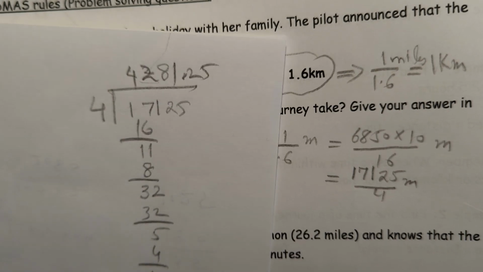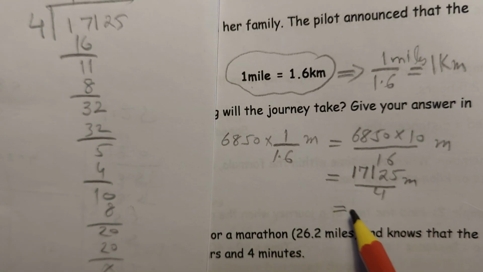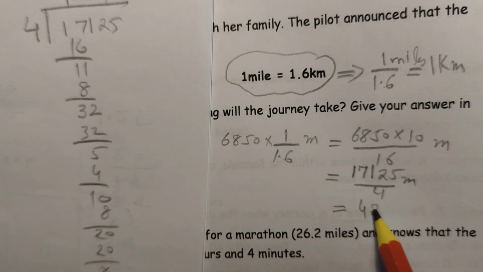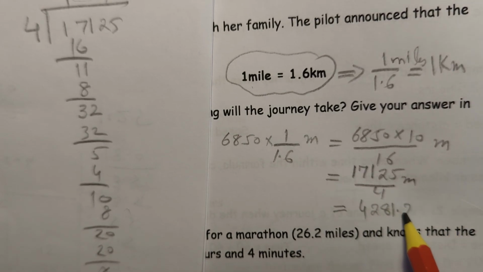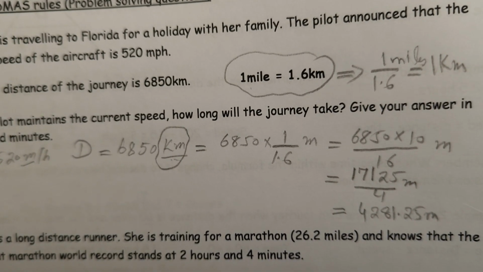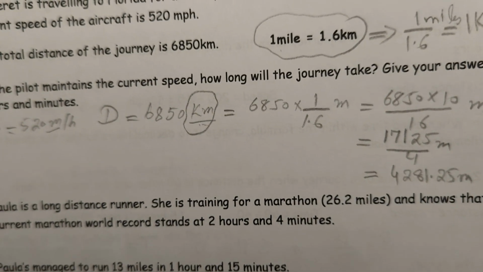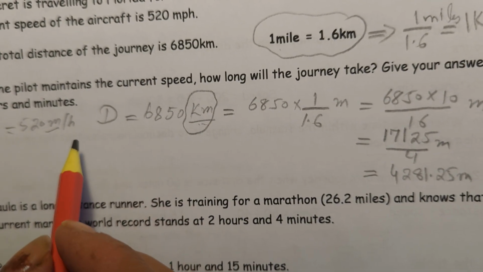So our answer will be 4281.25 miles. Now we will use this value and find the time taken.